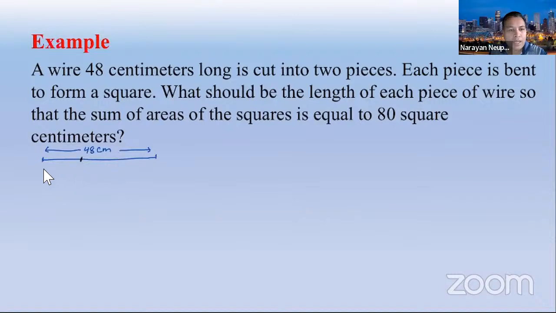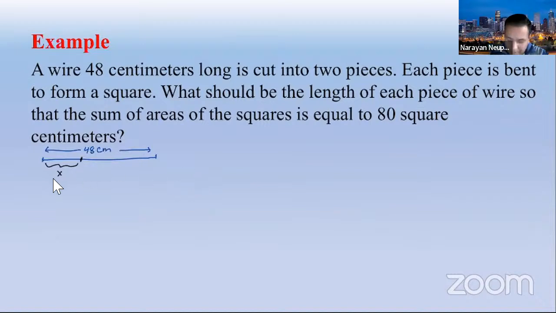So out of 48, let's consider that this first piece is X. So this is X. That means the remaining piece will be out of 48.